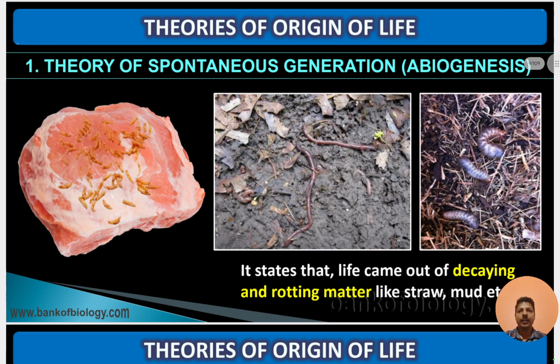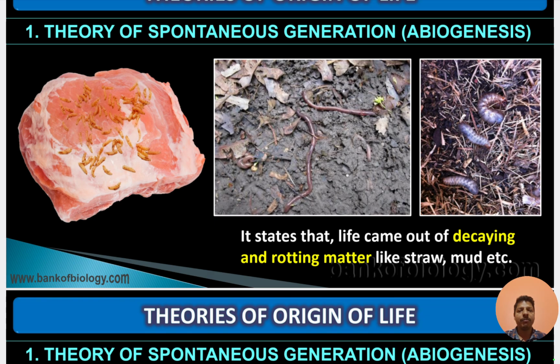So let's start. Theory of spontaneous generation or abiogenesis. It states that life came out of decaying and rotting matter like straw and mud, etc. Initially, many people think that this type of earthworm and this type of insects, they directly came from decaying or rotting matter.